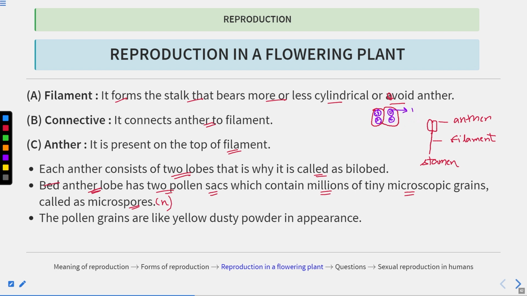So these are the pollen sacs, which are present inside the anther. Then here will be the filament behind it, which is attached to this anther. Now the pollen grains are like yellow dusty powder in appearance.